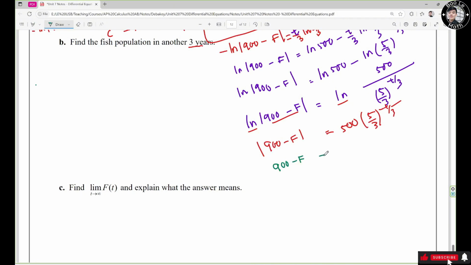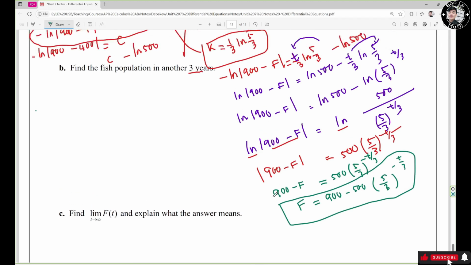It's going to be 500 times 5 over 3 raised to the negative t over 3. So then the equation becomes f equals 900 minus 500 times 5 over 3 raised to the negative t over 3.